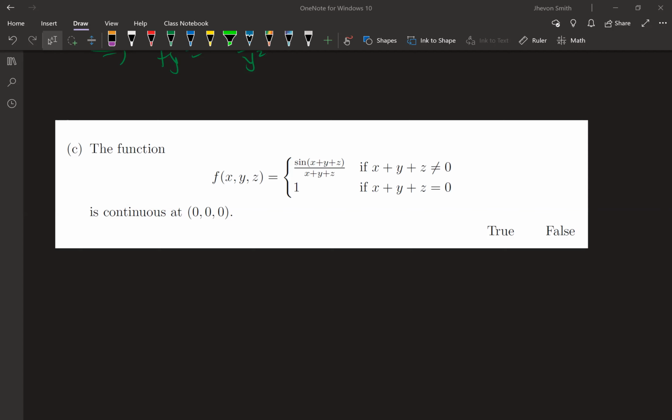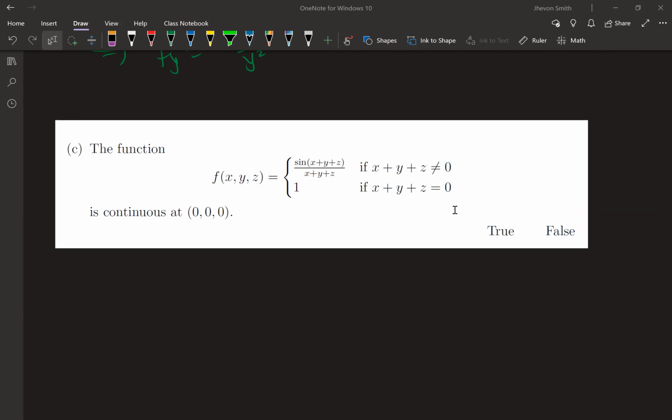I'll give you 10 more seconds here, but it really shouldn't take that long. We're in, 91% say it's true. The others say it's false.